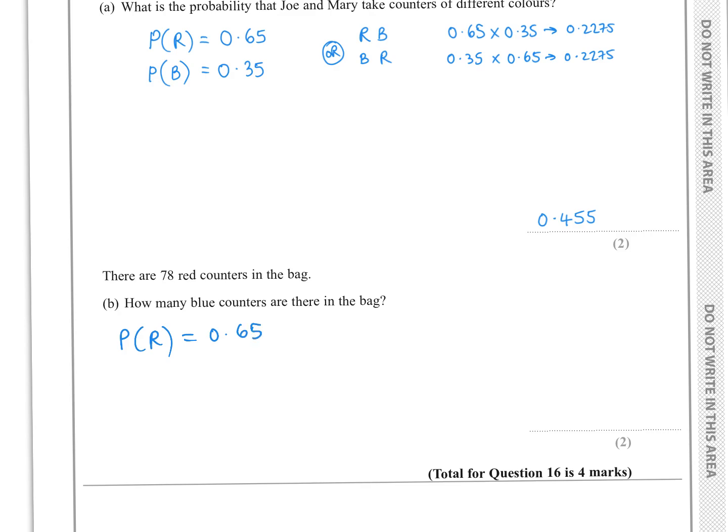So if 0.65 was the probability of being red and there were 78 red counters, then we've got to find how many blue counters there are. So we've somehow got to get to 0.35. So I'm going to divide both sides here by 0.65.